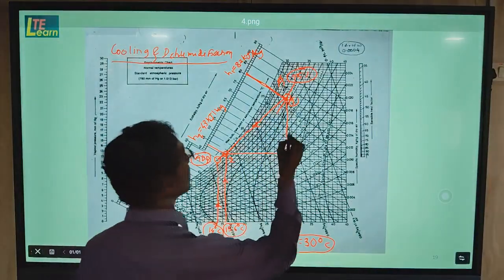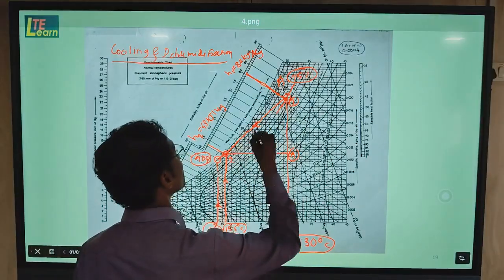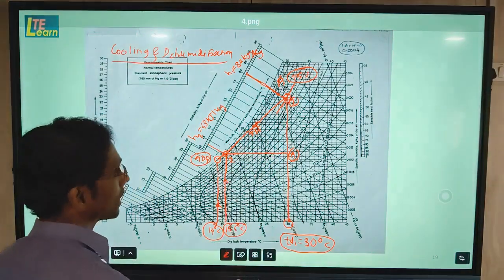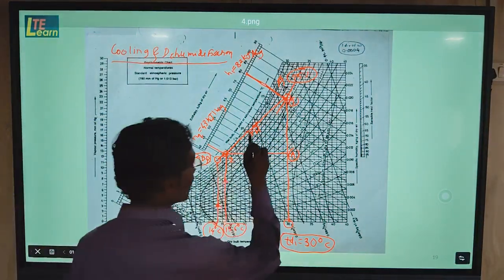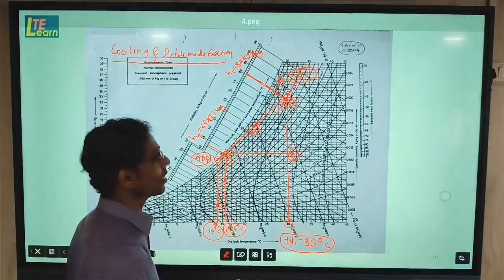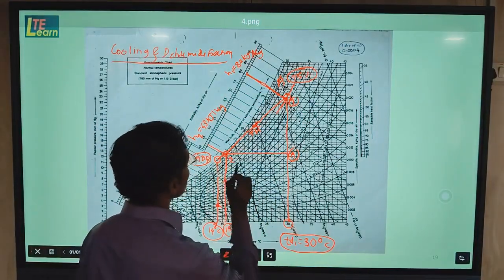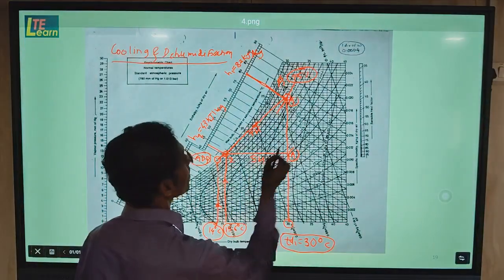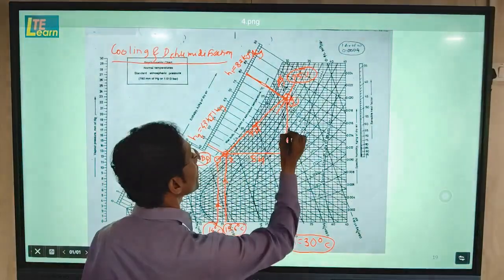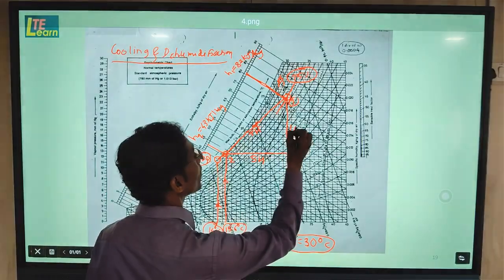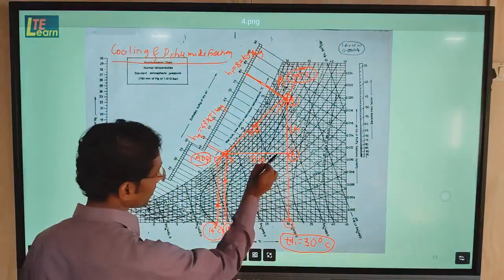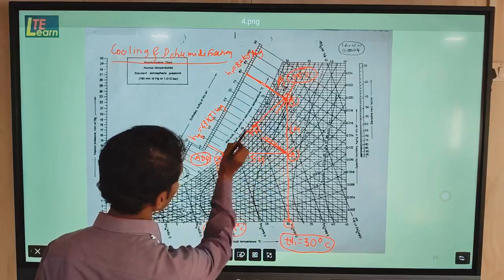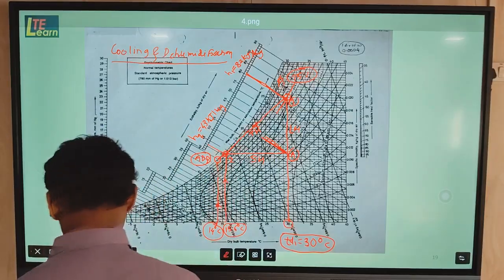In this triangle, this 1 to 2 is actually the total heat, the amount of heat added to the air, and this total heat has two parts, sensible heat and latent heat. So part A to 2 will be what? Sensible heat, and this 1 to A part will be what? Latent heat.